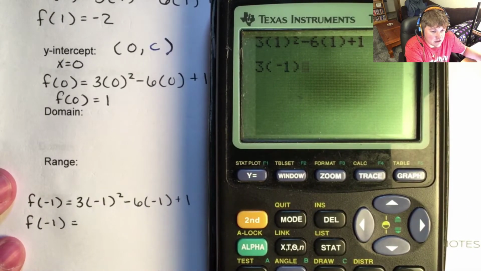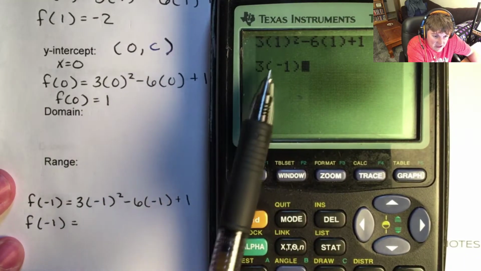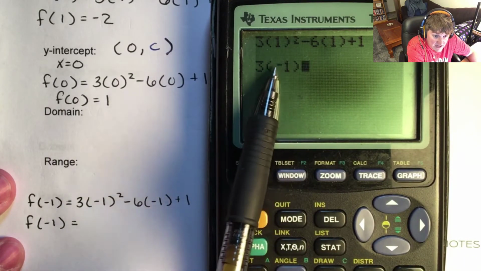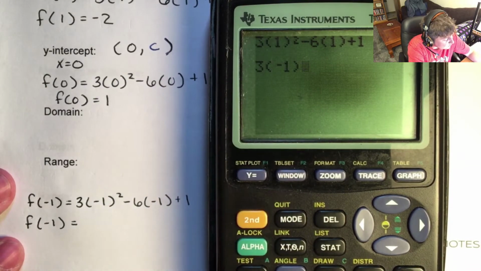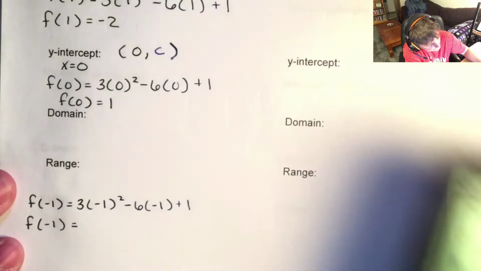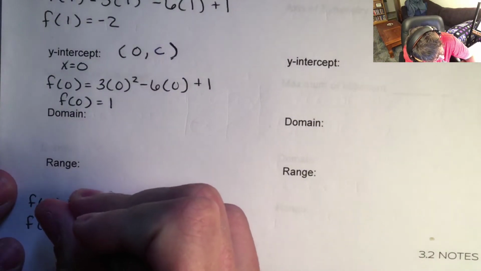Notice you can see that this is negative 1, and this is like a minus sign. The signs do look different. Here I would be subtracting 6, and then I'm multiplying that by negative 1, and then adding 1. And then I get 4. So then I have the ordered pair (negative 1, 4).